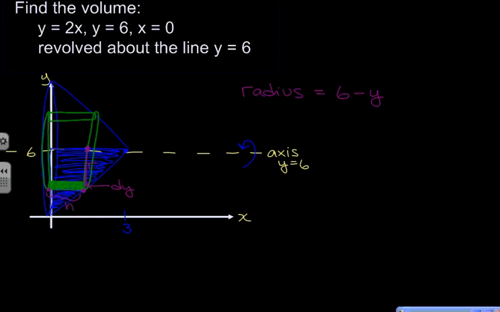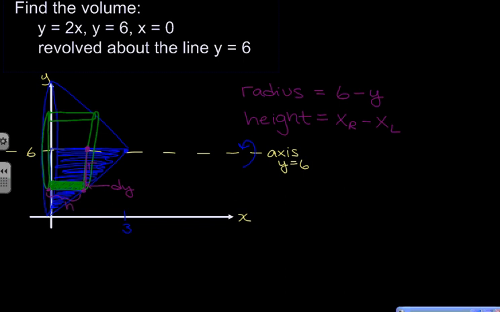For our height is dependent upon our radius, so this means we need to look at the values or our functions that they actually gave us. So here we're looking at x right minus x left. When we look for our x right function, the x right function is the line, and it needs to be solved for x in terms of y.